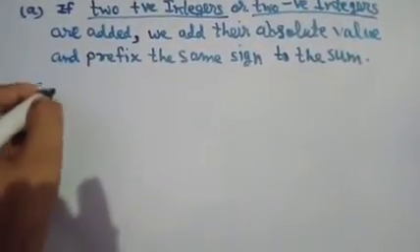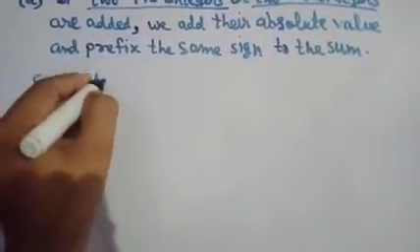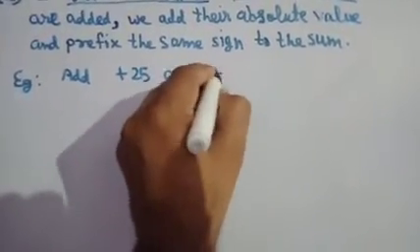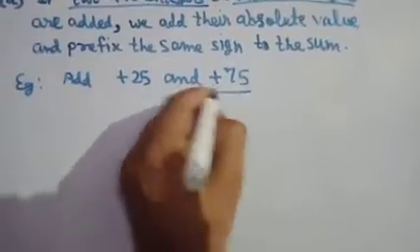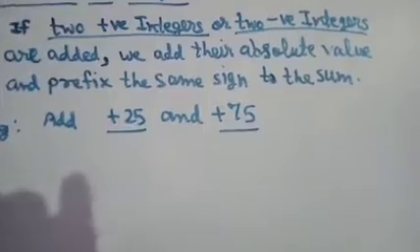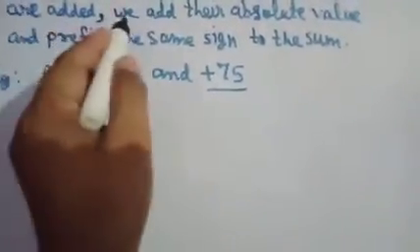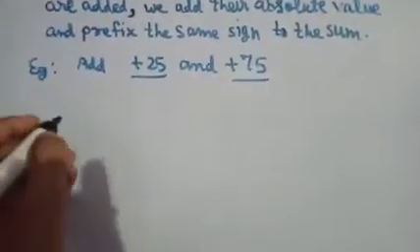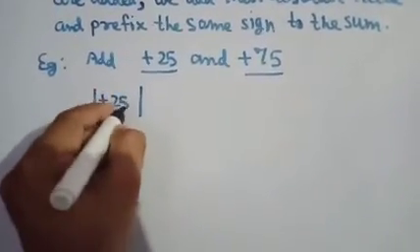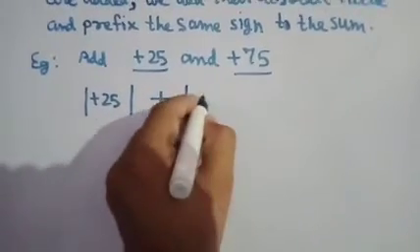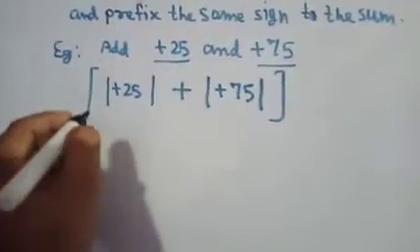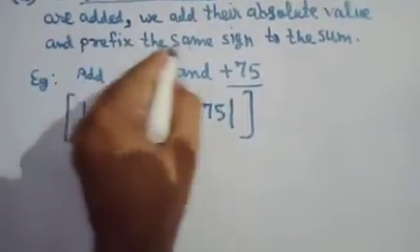For example, add plus 25 and plus 75. Look here, both the integers are positive. The rule says we add their absolute value and prefix the same sign.